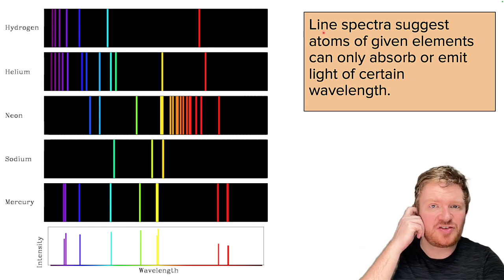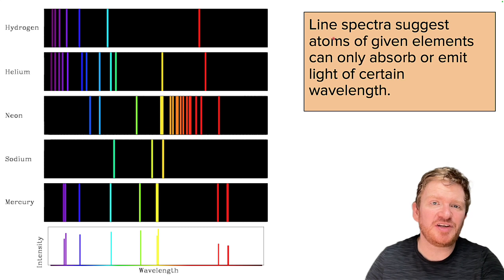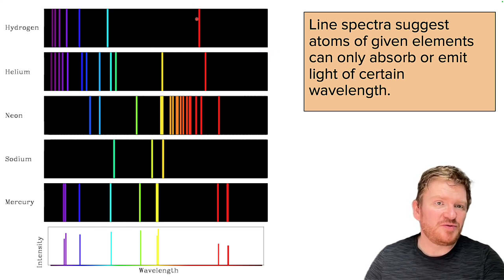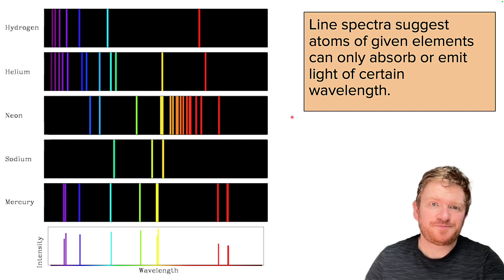Now, the fact that these exist gives us a suggestion. It suggests that any particular element can only absorb or emit particular wavelengths of light, because we see these very, very narrow, very thin bands associated with each atom.